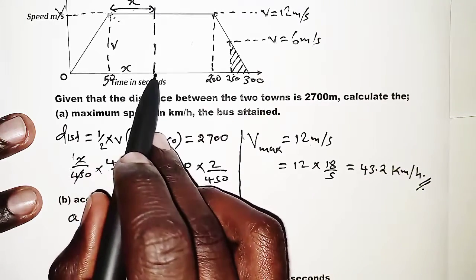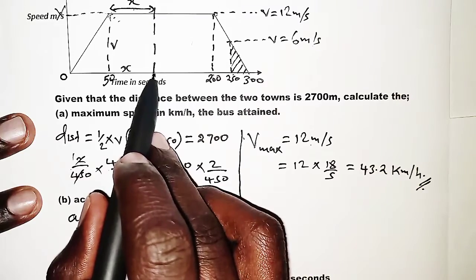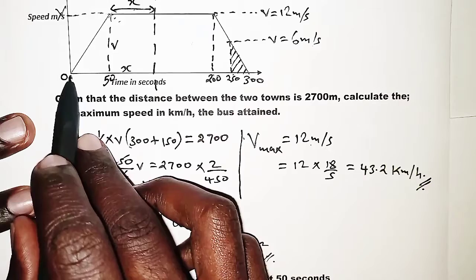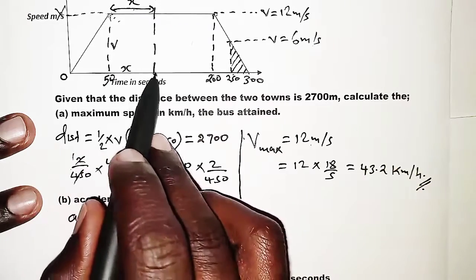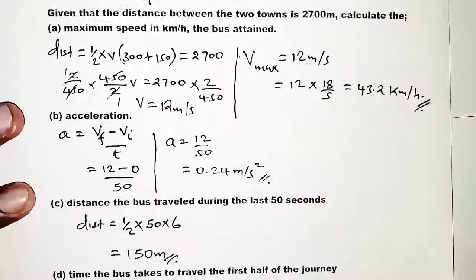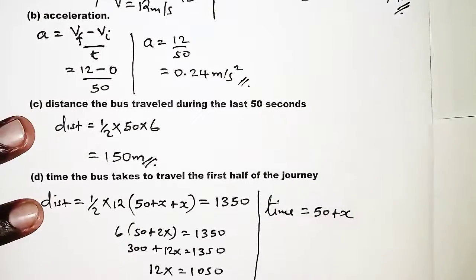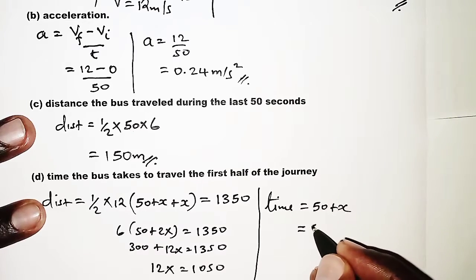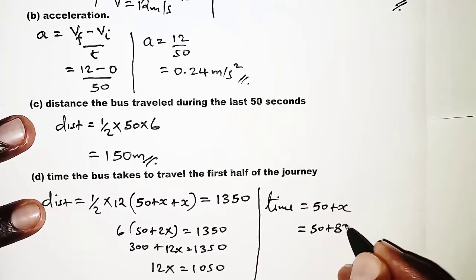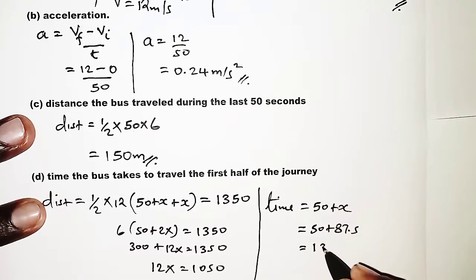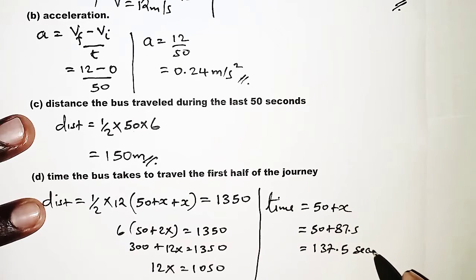So this x we've already determined as 87.5. So the total time taken for half the journey will be 50 plus x. So let's add 50 to the value of x we obtained, so the time is 50 plus 87.5, and that should be 137.5 seconds.